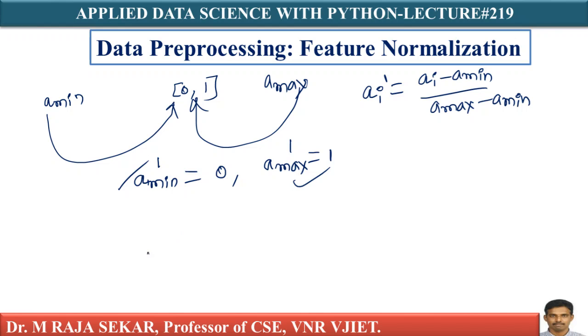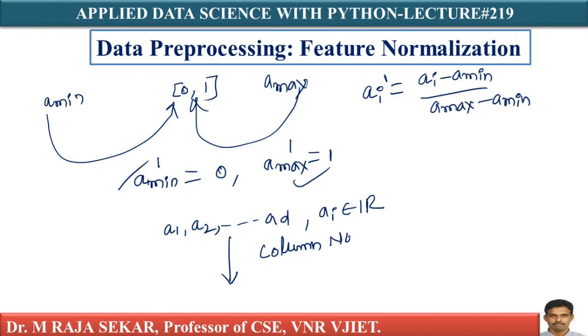Given any feature vector containing A1, A2, and so on up to AD, where each Ai belongs to the real number system, if you apply column normalization, I will get A1 dash for A1, A2 dash for A2, and so on, AD dash for AD.